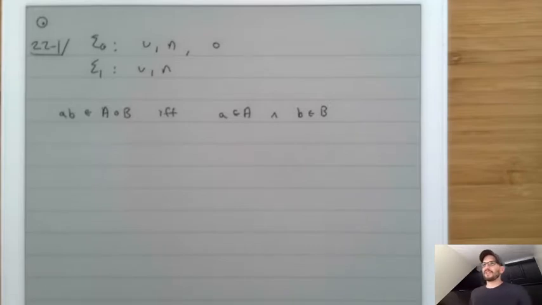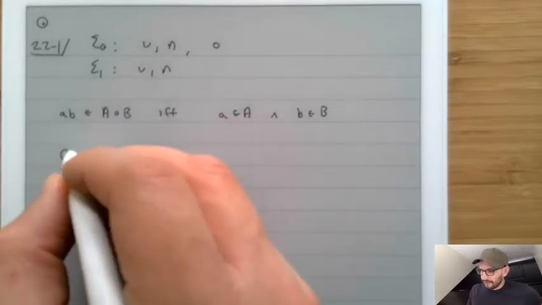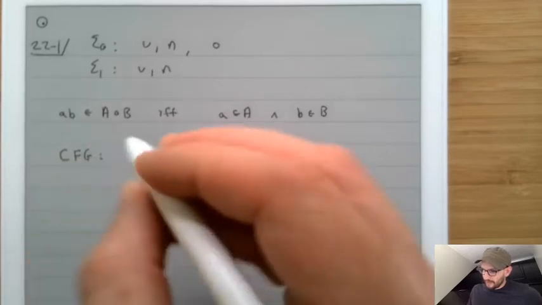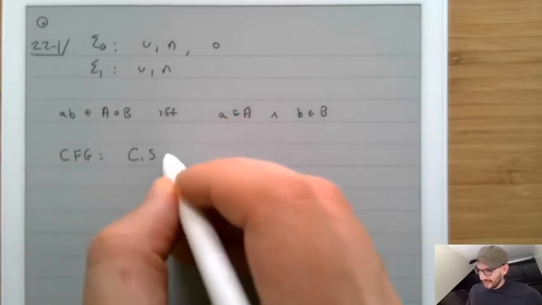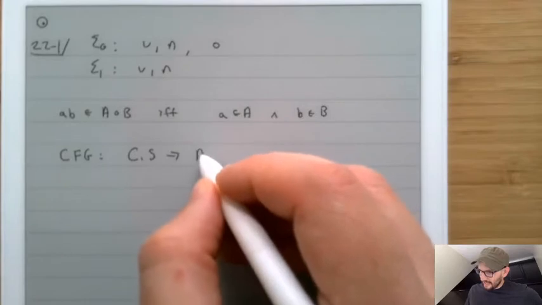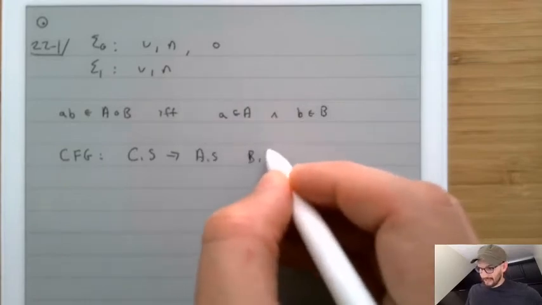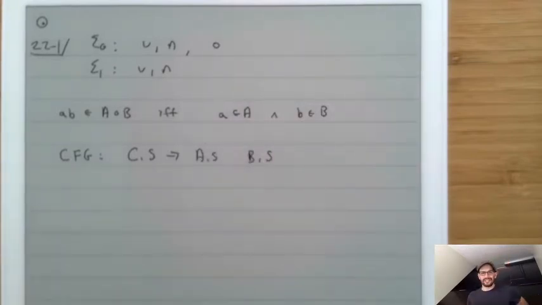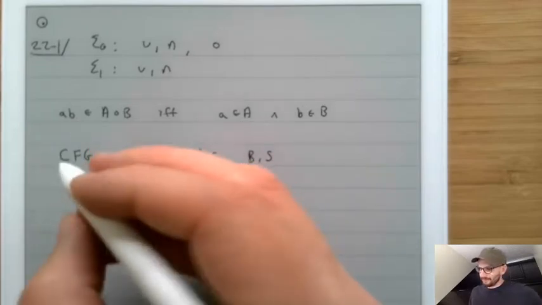Okay, so recall the way that we did this for context-free grammars. It was trivial, because we could just say that C's start rule was A's start rule followed by B's. Concatenation is essentially built into context-free grammars.